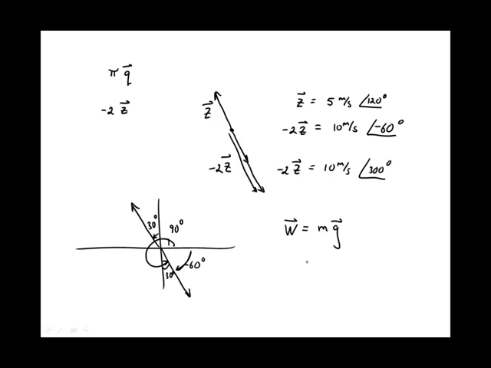And so perhaps I'm talking about a mass of 10 kilograms, and then the acceleration due to gravity is minus 9.8 meters per second squared, and that's always down, so generally that's the j direction. Not always, but we'll talk about that later on in the course. So minus 9.8 meters per second squared in the j direction. And so this would equal a weight of minus 98 kilograms times meters per second squared in the j hat direction.